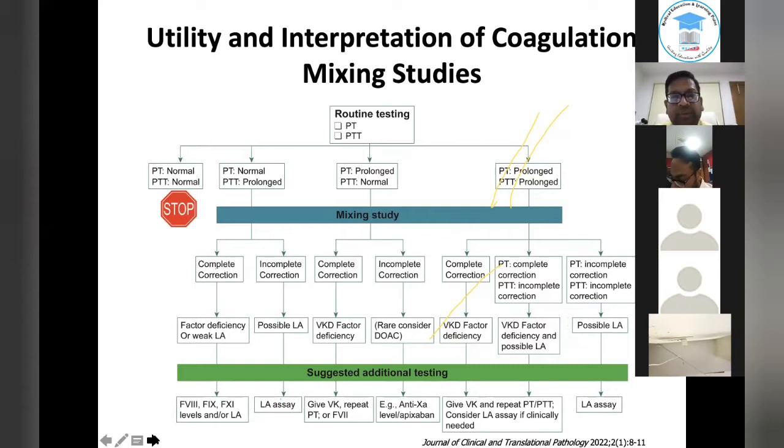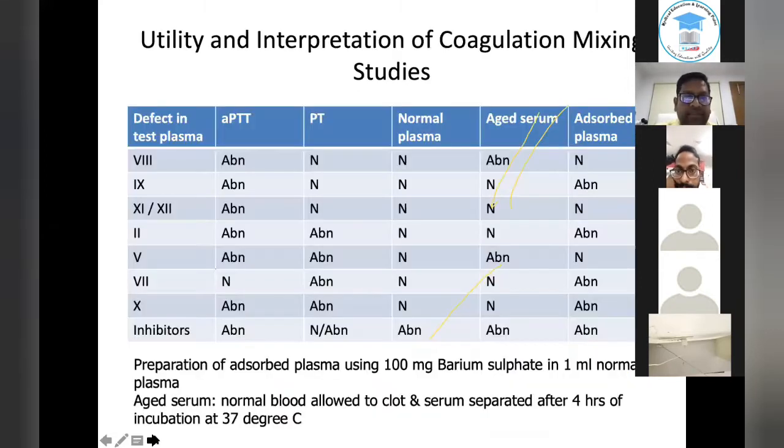Similarly, if only PT is prolonged, or both PT and APTT, it again can be vitamin K deficiency, it can be a lupus anticoagulant. All those things you have to consider and mixing study will help. So whenever you think of an inhibitor, incomplete correction happens.